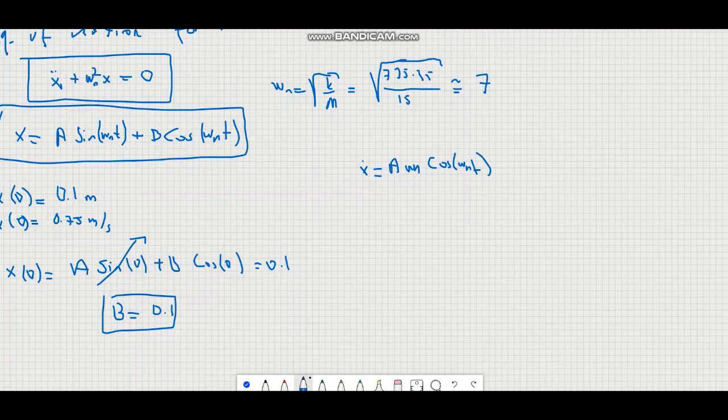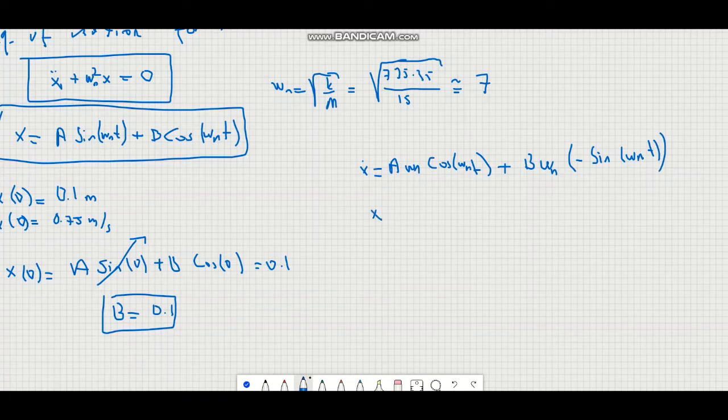Then plus b term, omega n, natural frequency, minus sine omega n t.